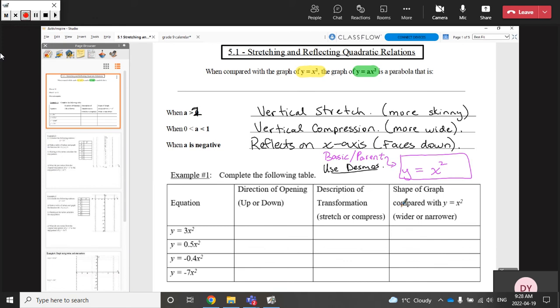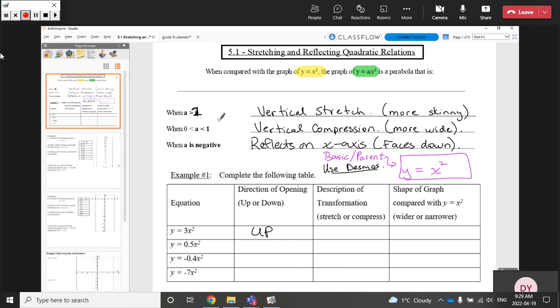Now, we're trying to think of this quadratic here, y equals 3x squared. Now, the a value is certainly greater than 1, and it is positive. So how about the direction of opening? Because it's positive, we know that this is going to open up. And was it a stretch or a compression?